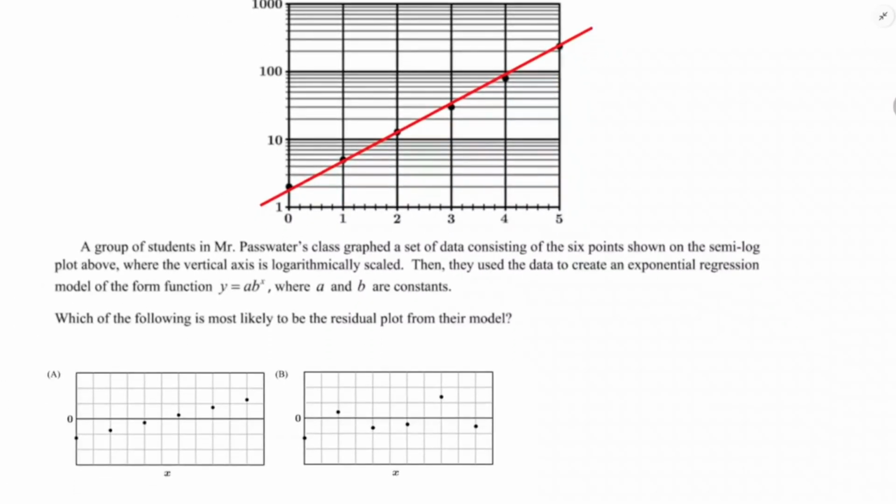So I'm not expecting all zeros in my residuals. But this does look like a good model because the data are showing a linear pattern. So an exponential model is good. I think I'm going to actually even write that. And I know that based on what I'm seeing from the semi-log plot, the linear pattern.